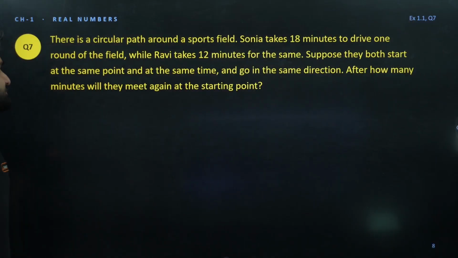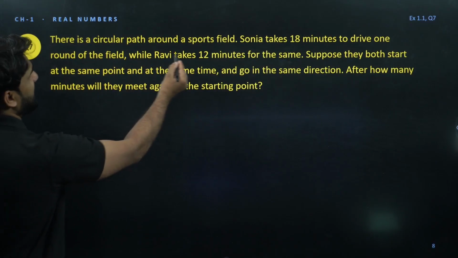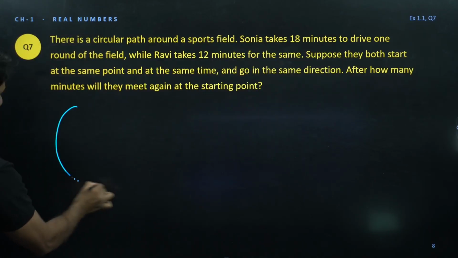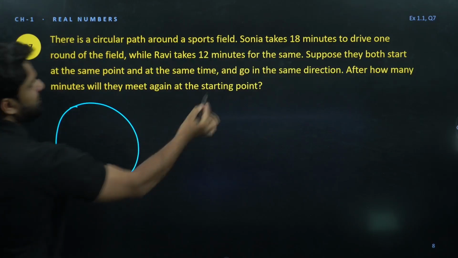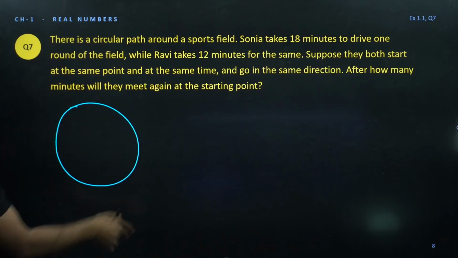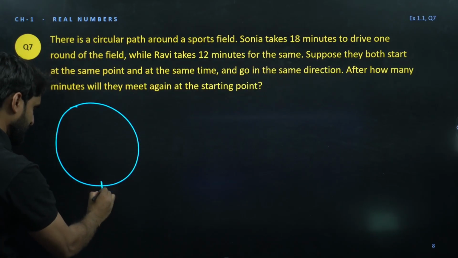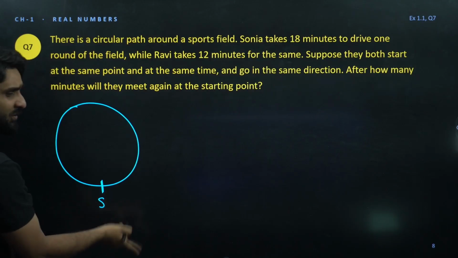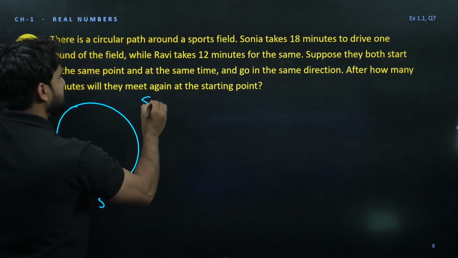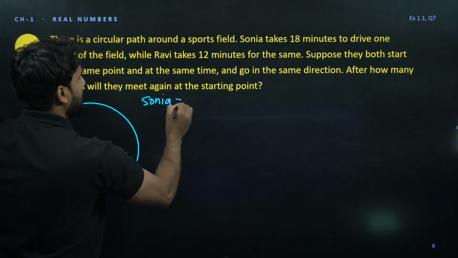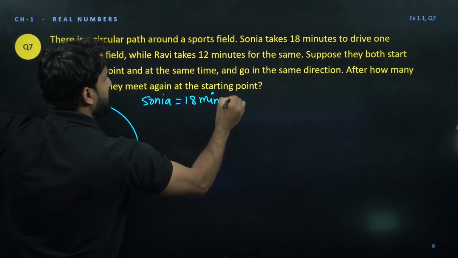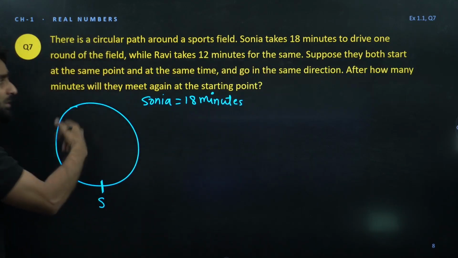There is a circular path around a sports field. So basically here there is a circular path and Sonia takes 18 minutes to drive one round of the field. Sonia is a girl who is driving her scooty or cycle, whatever, and she is taking 18 minutes to complete one round.